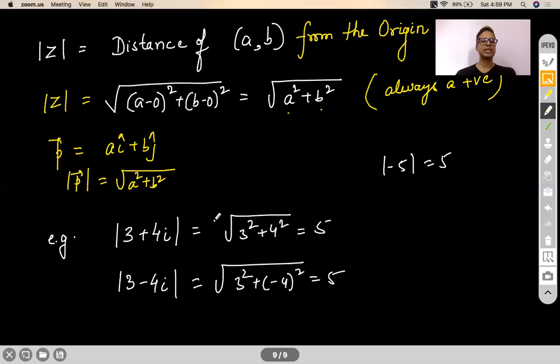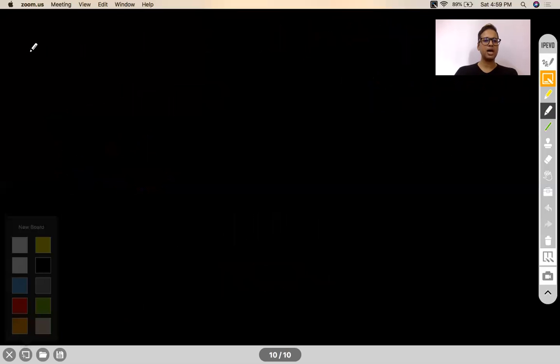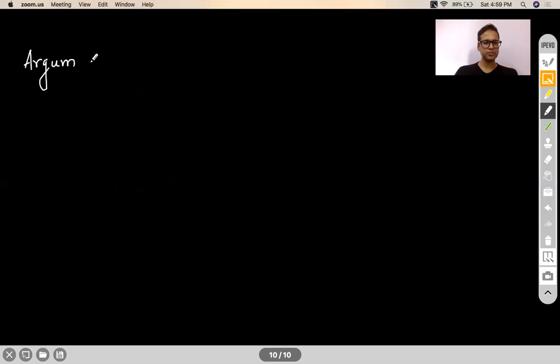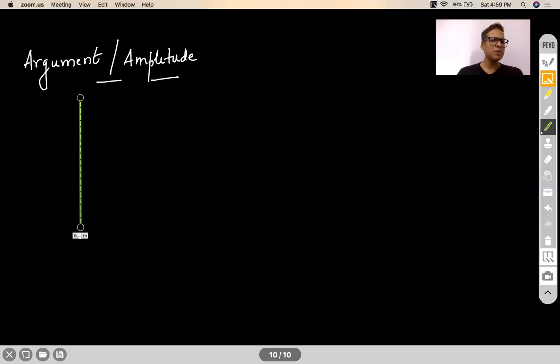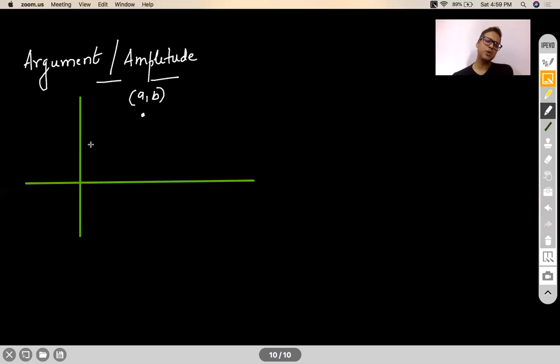Is this fine? Now, going to the concept of argument slash amplitude. Argument and amplitude have basically come from the concept of the polar form representation of a point. Remember when I was doing trigonometry with you, I told you that if you have a point a comma b, you can represent this point's position in an alternative way also.